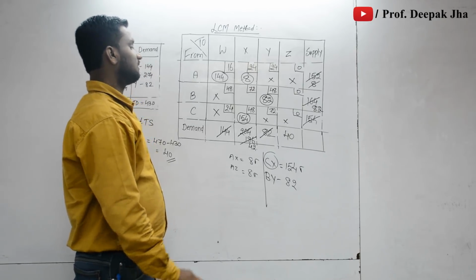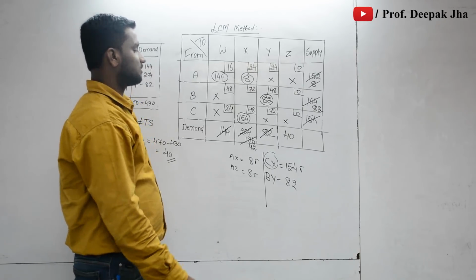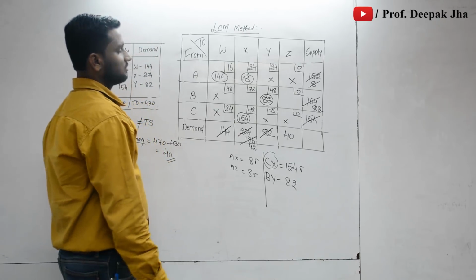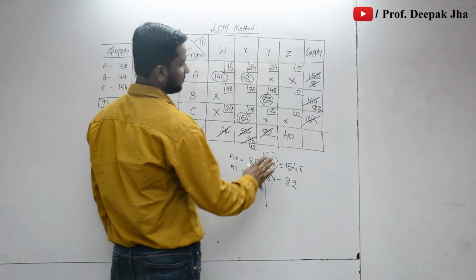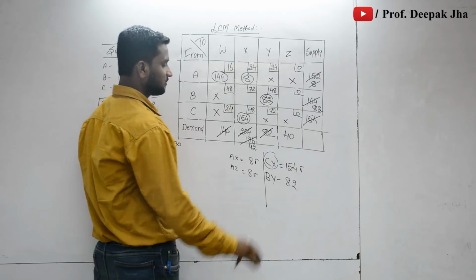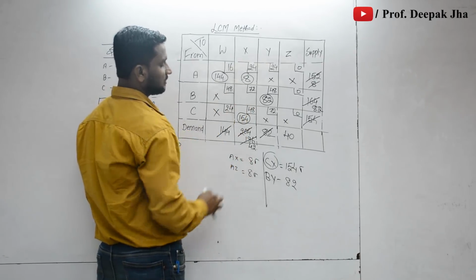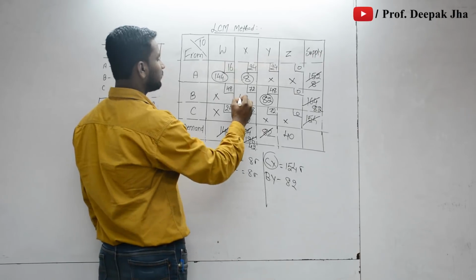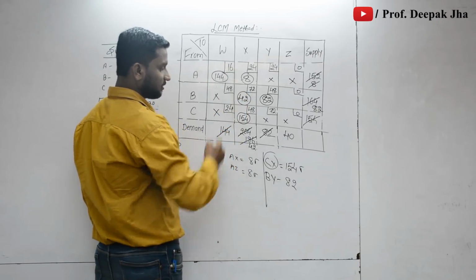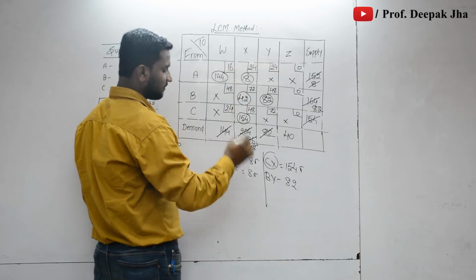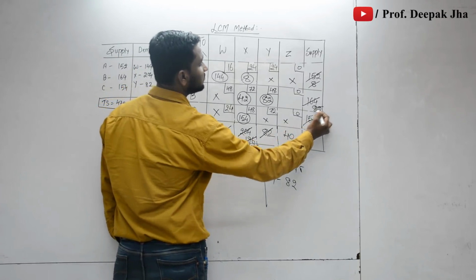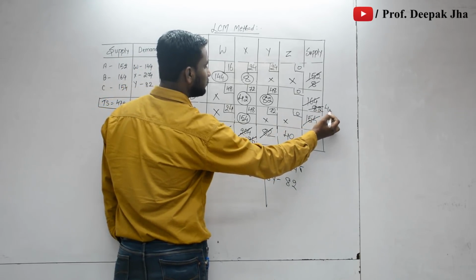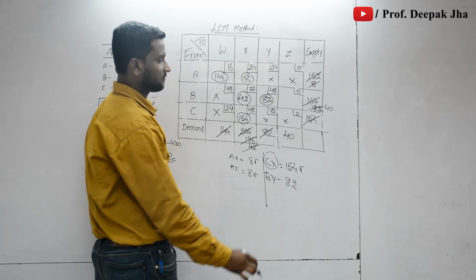Okay. Again check. What is the next lowest cost? So next lowest cost, we are not considering 0 at present, is 72. Demand is 42. Supply is 82. We'll take 42 units here. So demand is entirely exhausted and now this 82 is reduced to 40.